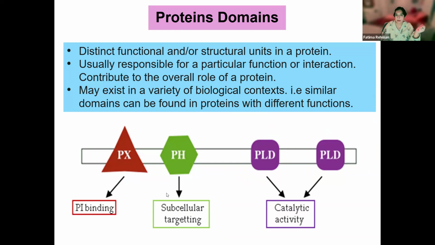Okay, so let's go through protein domains a little bit more. These are distinct functional and or structural units in a protein, right? They're going to be important for a particular structure or functional interaction, and they'll be important in the final function of the protein. So they can be found in proteins with completely different functions. So you can have two proteins that both have a DNA binding domain, right?